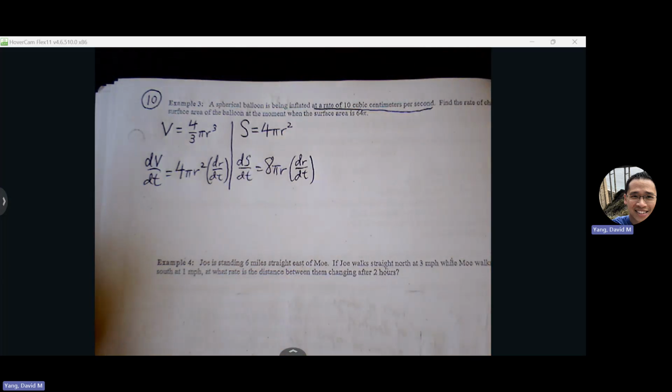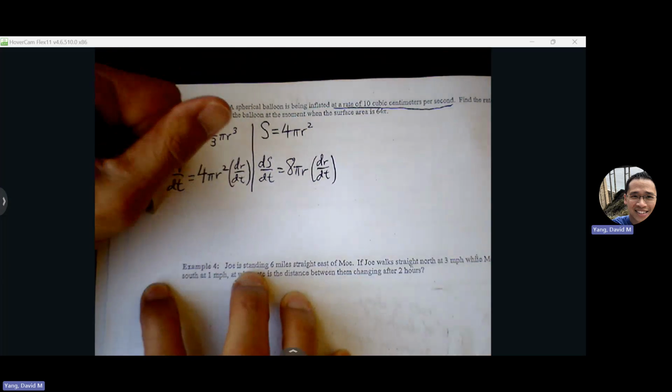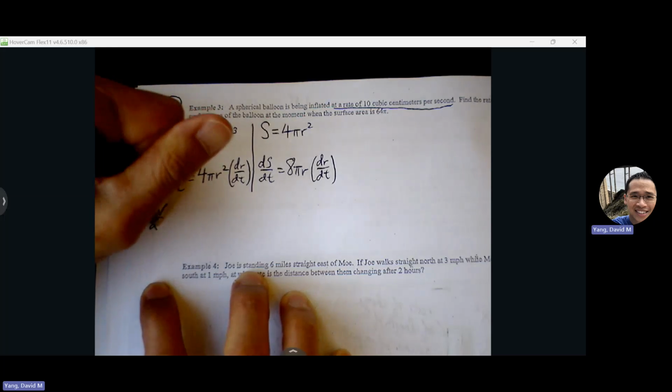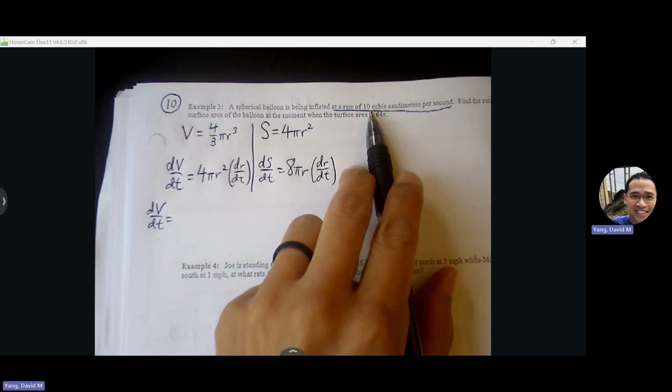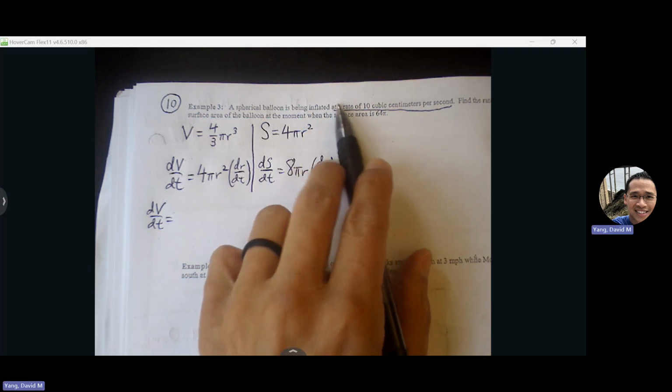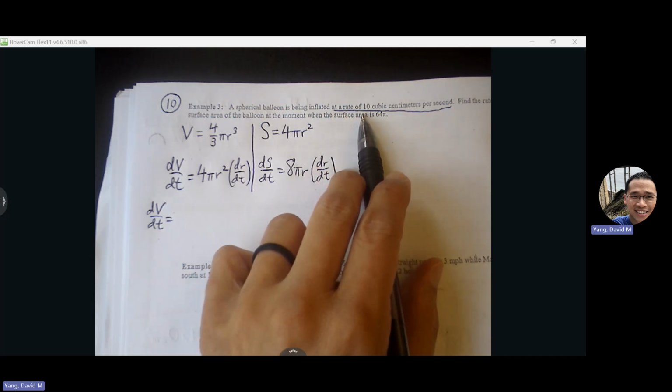So it has to be dV/dt, and dV/dt will be 10. Can we assign this to be a positive or a negative 10? Positive, because it's increasing, it's being inflated. Whenever the problem gives you a rate, they'll give you context clues, but they won't tell you whether it's positive or negative. You're going to have to decide whether to assign that rate to be positive or negative. So positive 10.